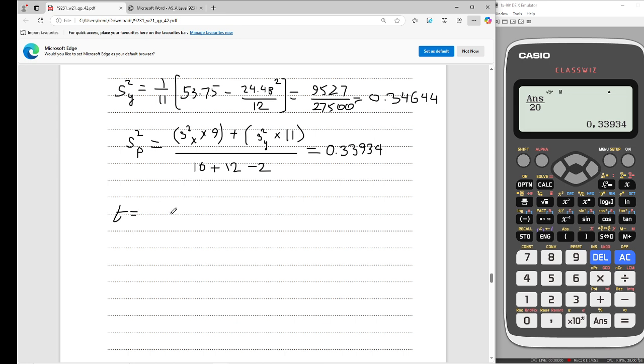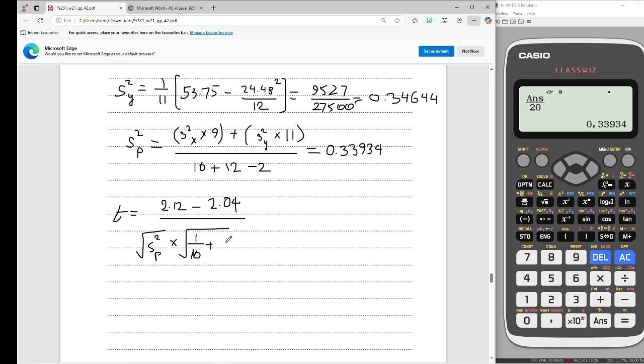Okay, now to move on with the test. The test statistic is going to be mean x minus mean y, whole divided by s times the root of 1 divided by number of terms of x plus 1 divided by number of terms of y, and then we close the square root. So mean x minus mean y is going to be this. We'll divide that with root of s2p times the root of 1 by nx, which is 1 by 10.